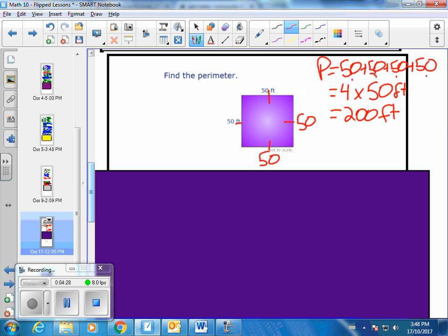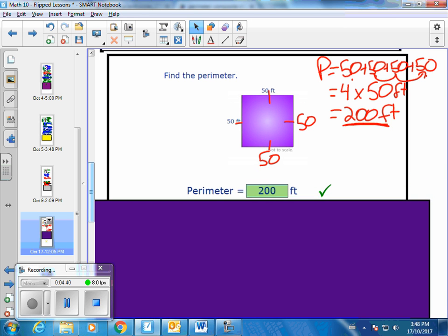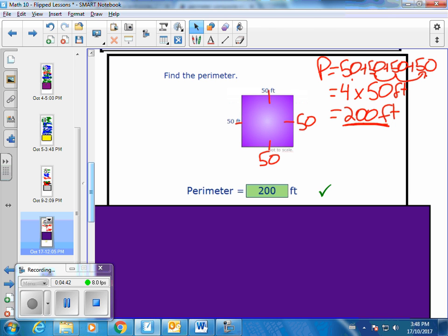If I were to add 50 plus 50 gives me 100, plus another 50 gives me 150, plus another 50 gives me 200. So I'm able to check my math and I find out that it's right. And if we slide on down to the answer, yay! We got 200 feet.